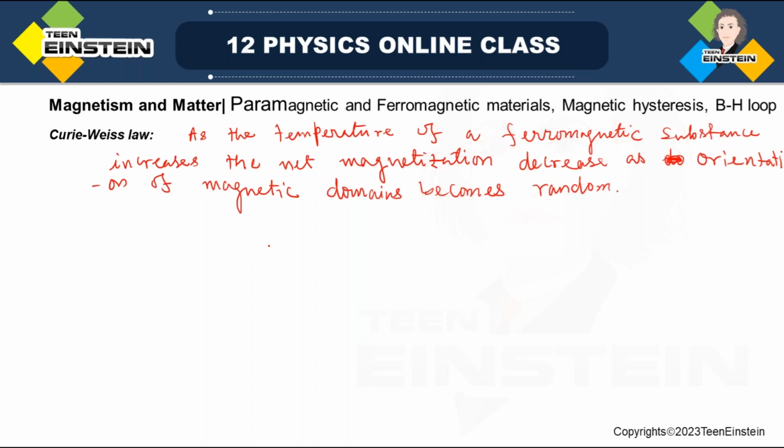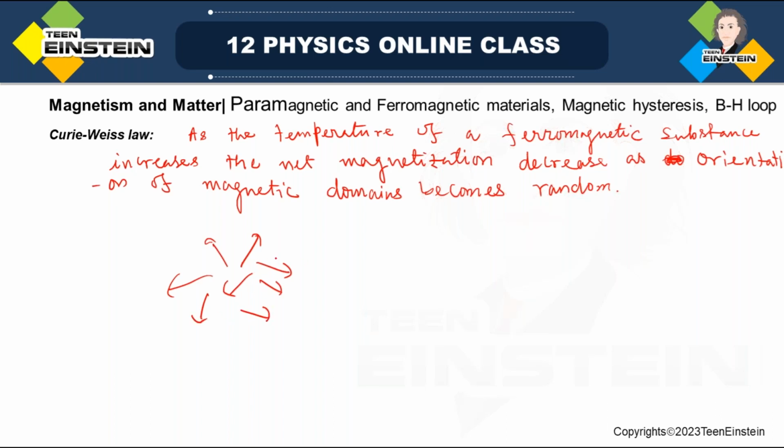So as you increase the temperature, the net magnetization starts decreasing, and that happens due to the randomness of the magnetic domains. This randomness will increase as you increase the temperature again and again, and at some point the domains will be totally random and it will act as a paramagnet, just like your paramagnetic material.